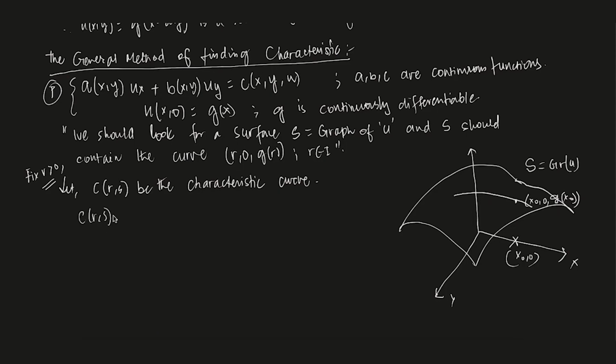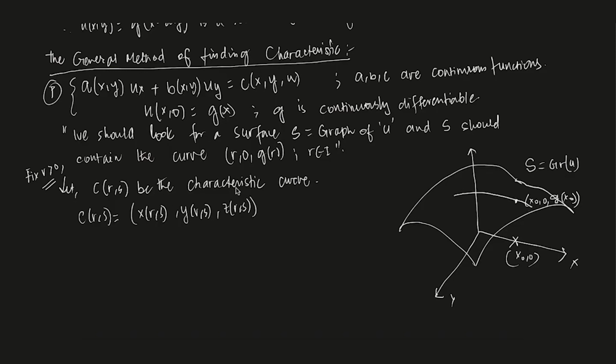We will write it like this: x of r, s, y of r, s, and z of r, s. For a fixed r, say this fixed point x naught 0, g of x naught, this is for r equals x naught.